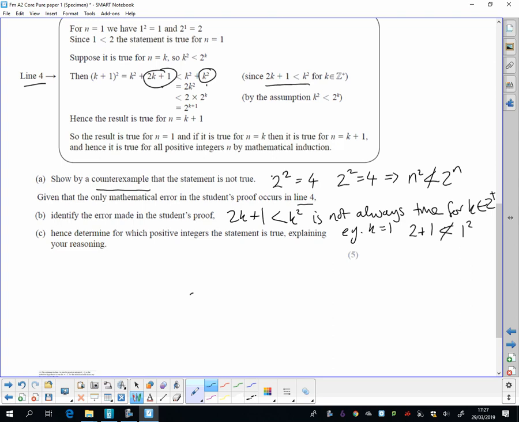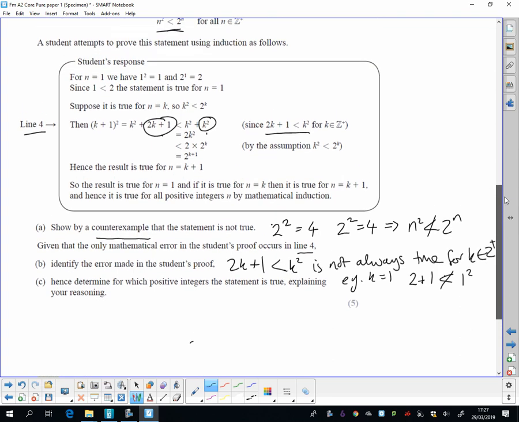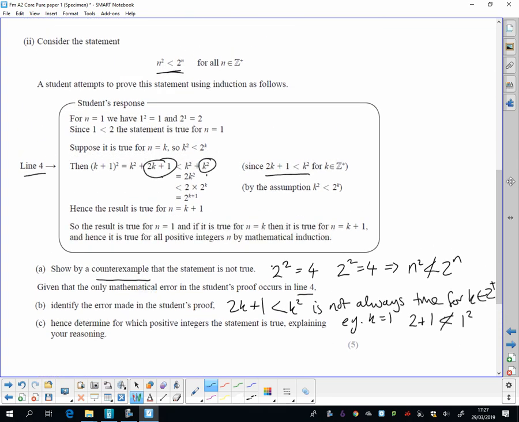So they want us to find for which positive integers the statement is true and explain our reasoning. Alright, so we're going back to the original statement, which was this.